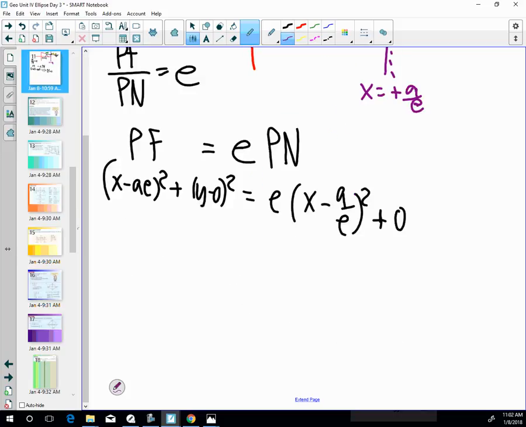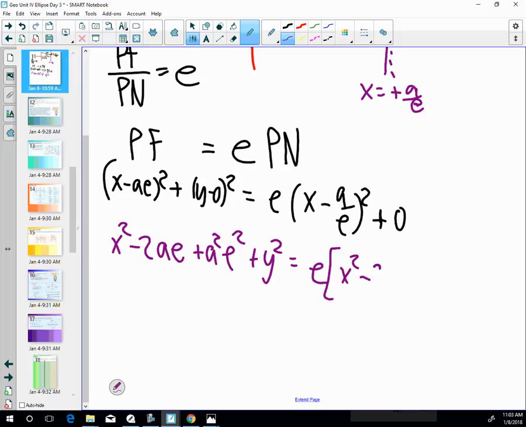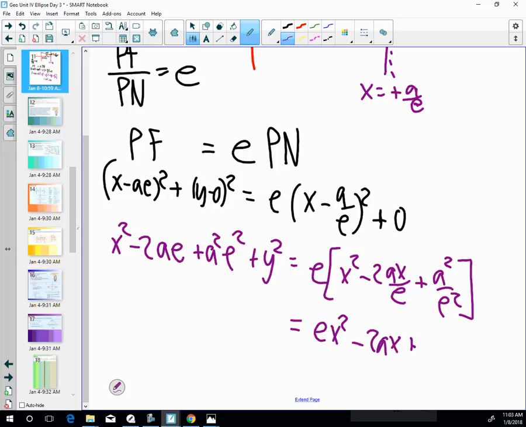So go ahead and expand that. You get X squared minus 2AE plus A squared E squared plus Y squared equals E times X squared minus 2AX over E plus A squared over E squared. Simplifying that, EX squared minus 2AX plus A squared over E is equal to X squared minus 2AE, A squared E squared plus Y squared.